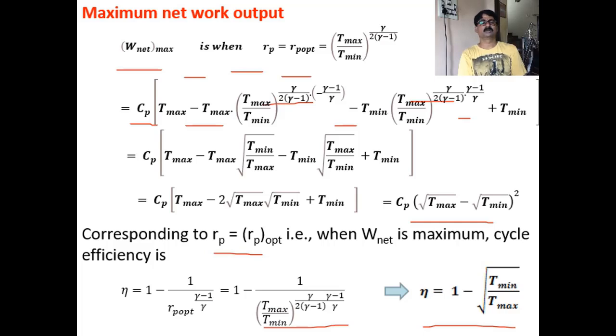Keep on working on this, substitute in the W net expression and keep on simplifying. Then you will get the W net expression and also the maximum efficiency expression when W net is maximum, that is, 1 minus efficiency is equal to root of T min by T max.